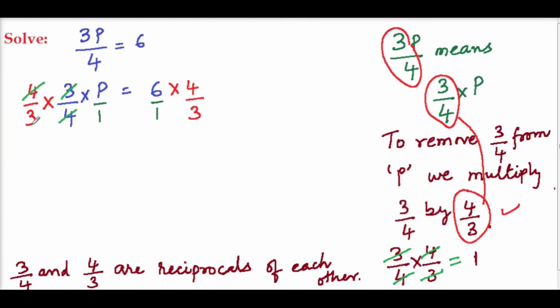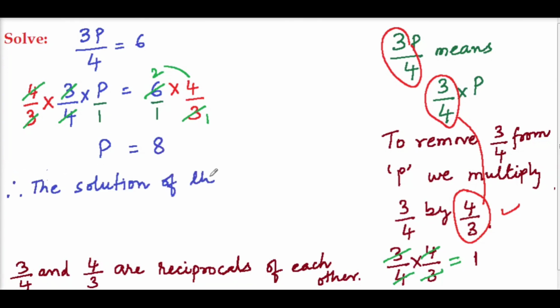On the left hand side 4 cancelled, 3 cancelled, and we are left with only p. On the right hand side we cancel 3 and 6 and we get 2 fours are 8. So we get p equals 8. And we write the solution of the equation is p equals 8.